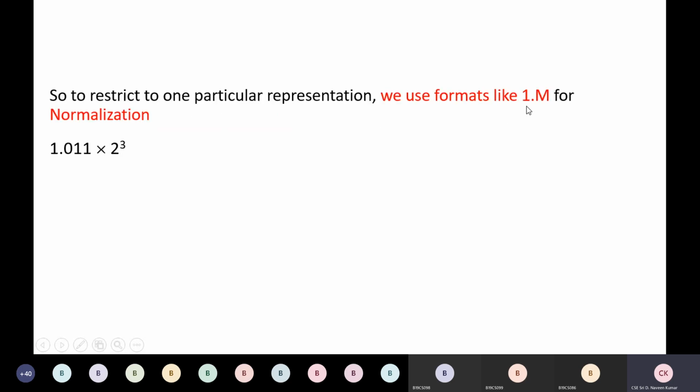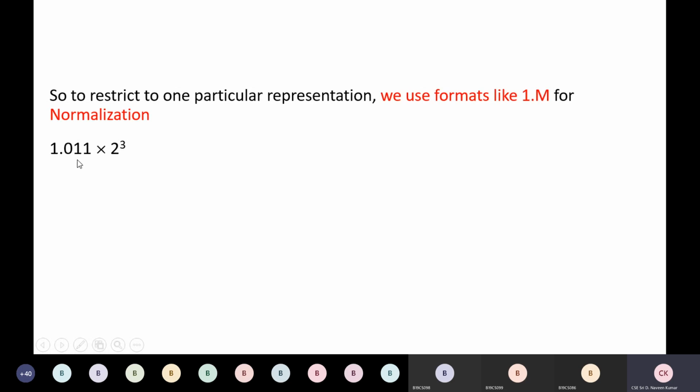What is this rule? An example rule is 1.m. Convert a number into 1.m format. That is, to the left of the decimal point there must be only one binary bit, that is 1, not multiple digits like 101 or 100.